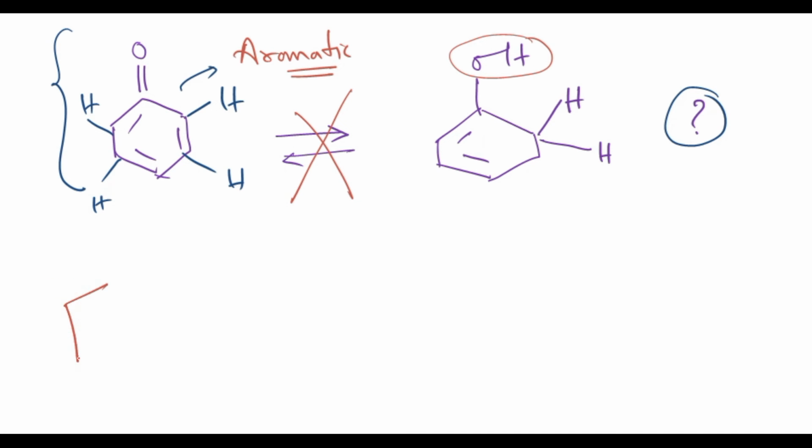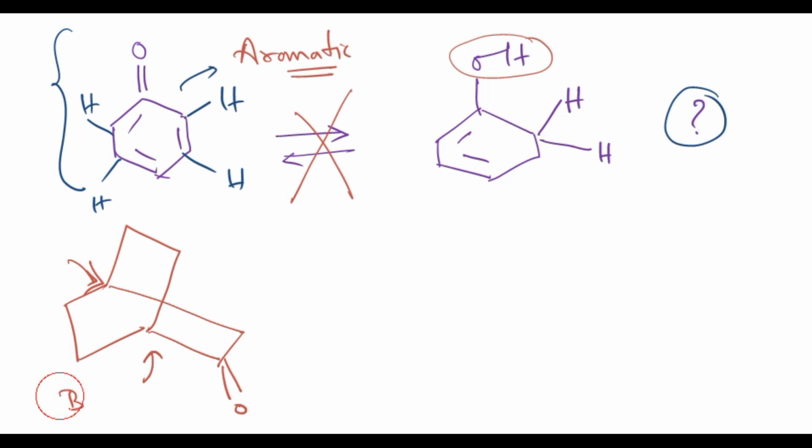Whenever we talk about this type of molecule, this is a bridgehead position. This position and this position are called the bridgehead positions. Here a double bond is not stable.